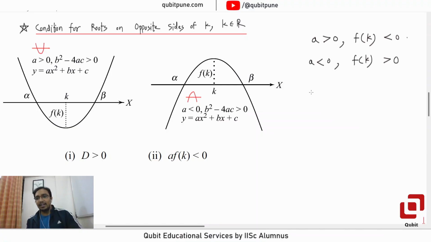So the combined condition can be said as the product a into f of k is always negative, because one has the opposite sign to that of the other. a greater than 0, f of k less than 0; a less than 0, f of k greater than 0. So the combined condition is a into f of k less than 0. Is that clear?